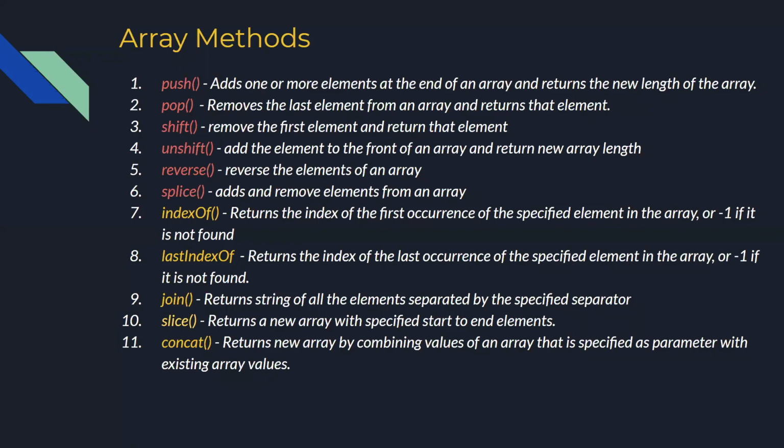Reverse, just as the name suggests, reverses the order of the elements in an array. And then after that, we have a splice method. Till now, we have seen adding and removing at the end, and adding and removing at the front. Now, there is a method splice that adds and removes elements from an array at a specific index, whichever index we want. So let's go to the playground and try to see the first 6.